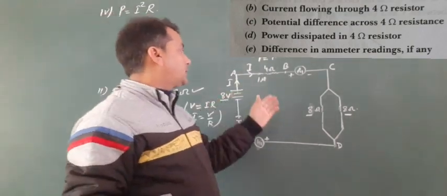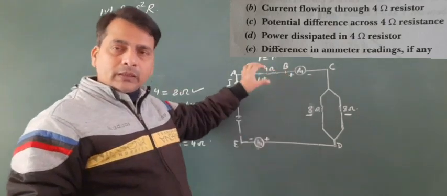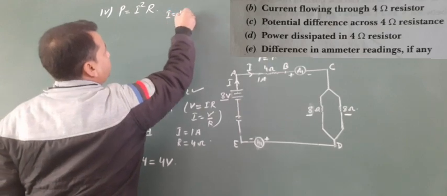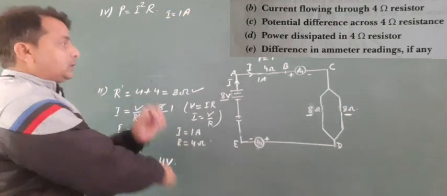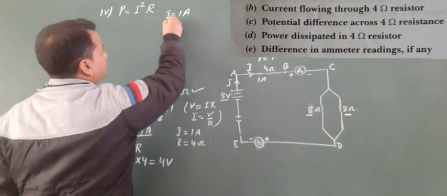So electric current 1 ampere flows across the 4 ohm resistor. The value of I equals 1 ampere, and the resistance given here is 4 ohm, R equals 4.